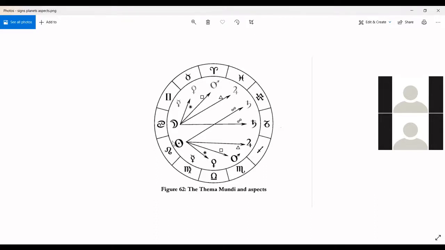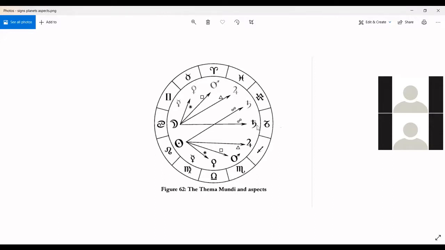60 degrees away, when we get to the sextile, we come to medium enmity. We come to a lesser benefic aspect. When we come to the 90-degree aspect, we come to a lesser malefic aspect. When we come to the 120-degree aspect, we come to a greater benefic aspect, and so on.